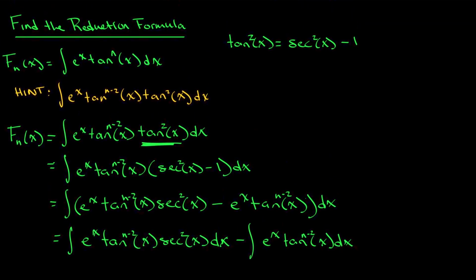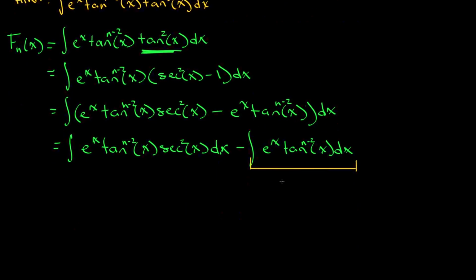And remember, when we're constructing these reduction formulas, we're trying to state this original integral in terms of a simpler integral. And you can see we've already accomplished some of that. Right here, under our notation, this is going to be capital F sub n minus 2 of x. That is what this is right here. So we're already making some progress.